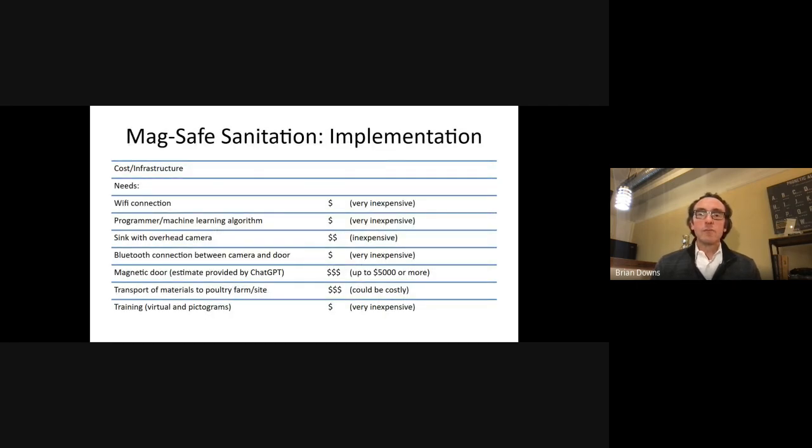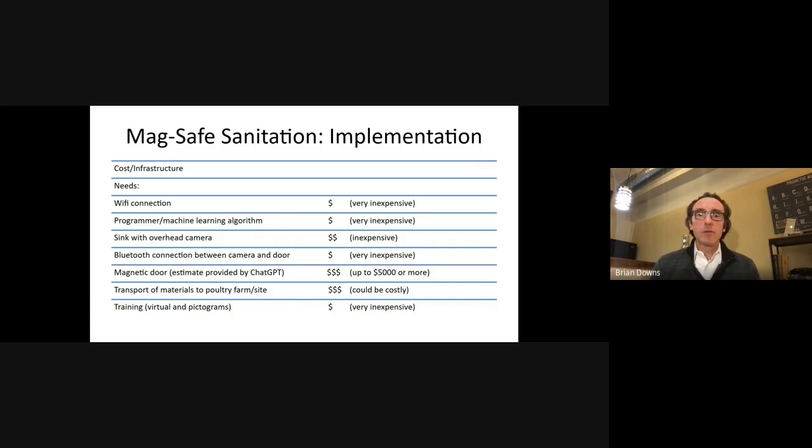Implementing this would be relatively inexpensive for most components. A Wi-Fi connection in most parts of the world is very inexpensive. Machine learning algorithms are available and are mostly free of charge and open source, and basic entry-level programming skills would be all that would be needed to take advantage of this.